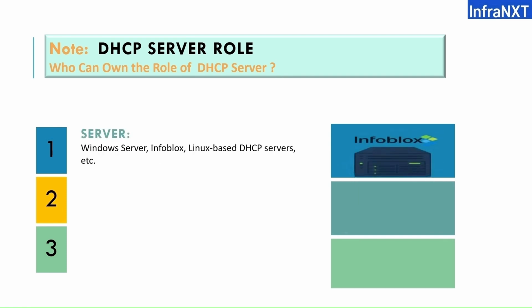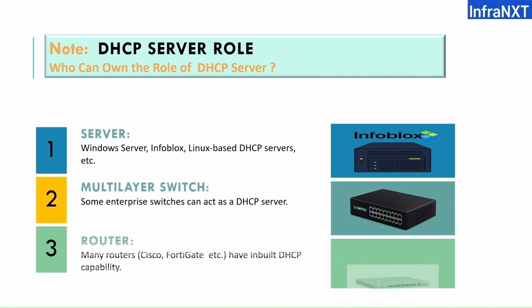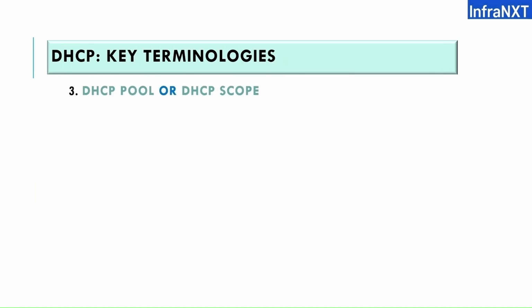The first is servers like Windows Server, Linux Server, Infoblox Server, and so on. Other important components like a multi-layer switch in the network can also take the responsibility of DHCP server, and along with that, the routers in the network, which can act as the gateway, can also take the role of DHCP server.